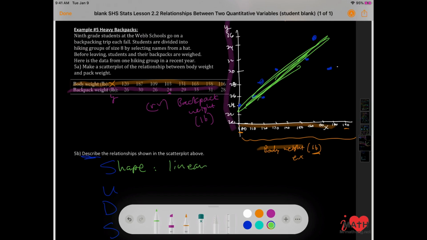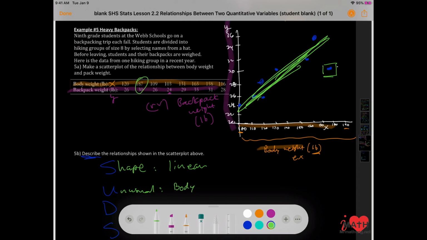What does our U stand for? Anything unusual. Okay, you could say that this one here is unusual. That is possible. What is that? 187, 30. You can say that, right?